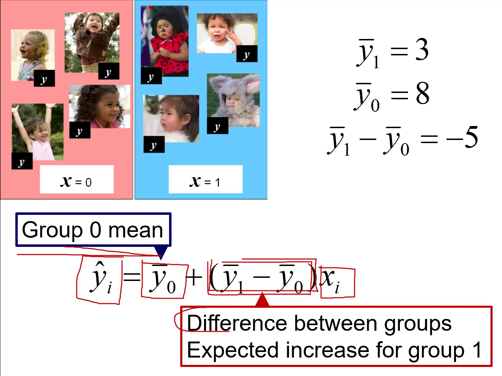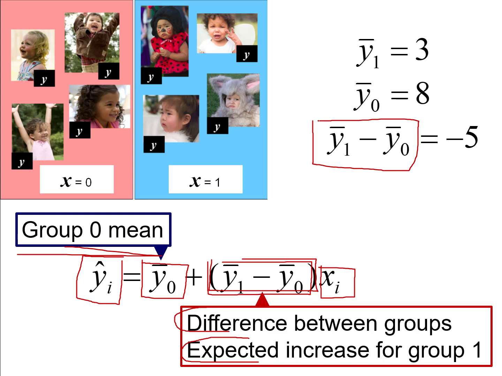Another way of saying the same thing, it's the expected increase for group 1. That is, if you go from the control group, group 0, to the treatment group, group 1, how much on average does happiness increase? That's the difference between the two means.